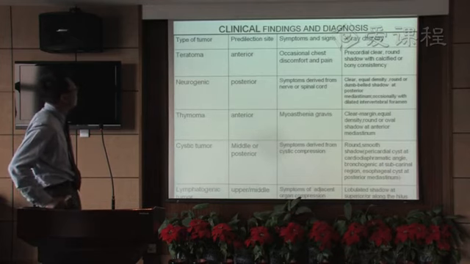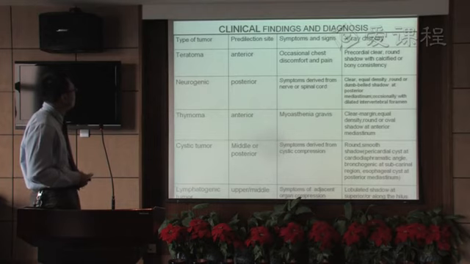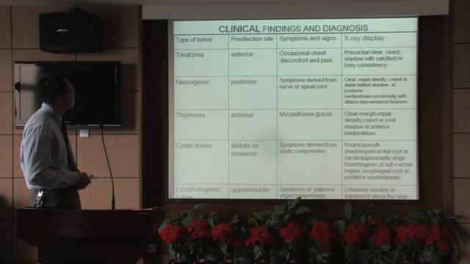In clinical findings and diagnosis, the teratoma is often located in the anterior part, with occasional chest discomfort and pain. The X-ray displays a precordial clear, round shadow with calcified or bony consistency.